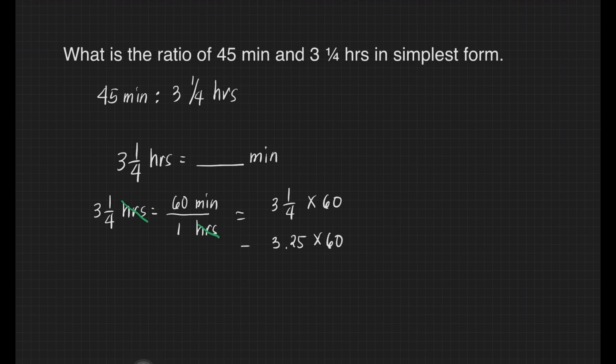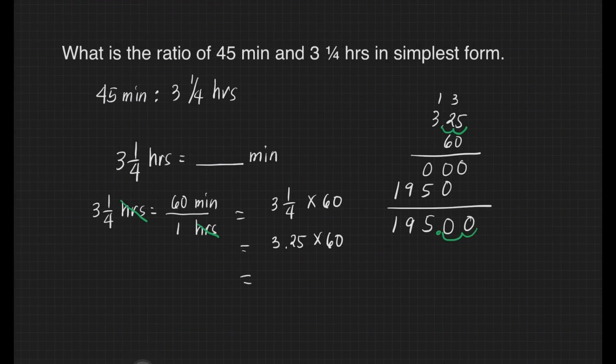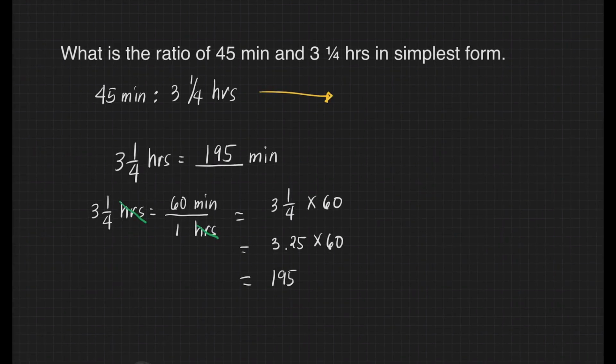Why is that so? 1/4 is equivalent to 25 hundredths. Now we will multiply 3 25 hundredths to 60. The result is 195. We may write 195 here. Therefore, we can say that there are 195 minutes in 3 1/4 hours.